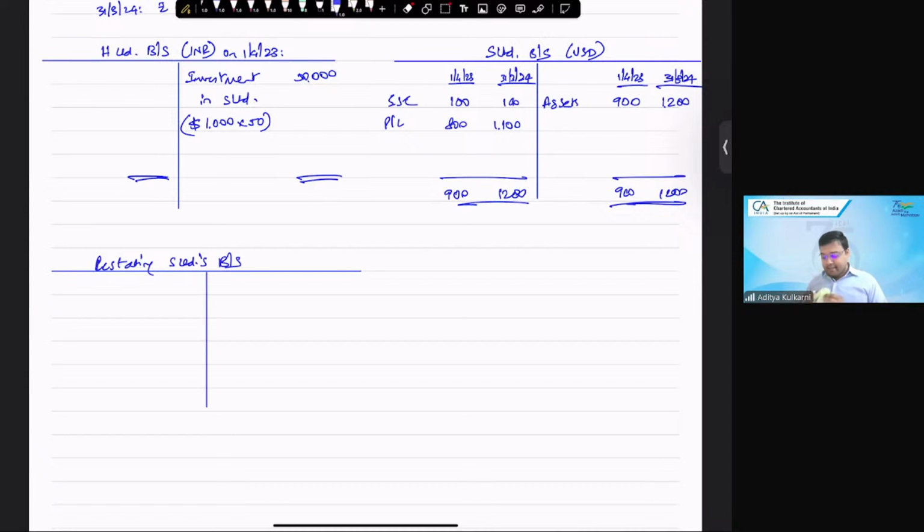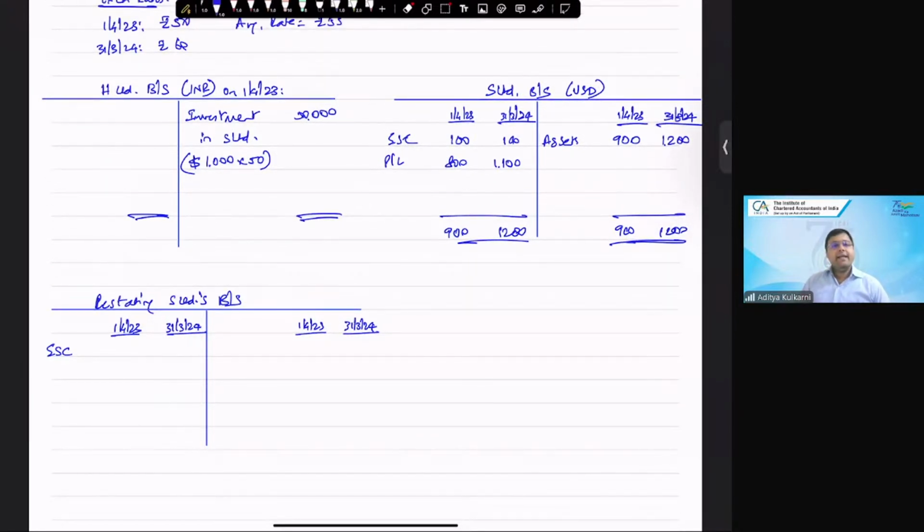So restating S Limited's balance sheet, 1/4/23, 31/3/24. When I restate my equity share capital, this will be restated at the rate on the date of acquisition, which happens to be how much? 50, right?